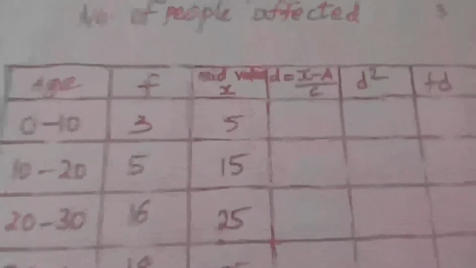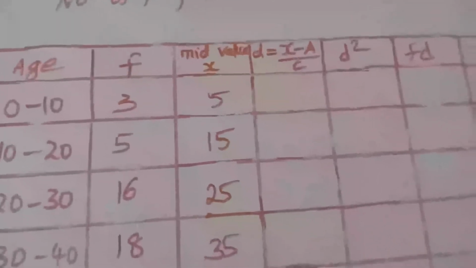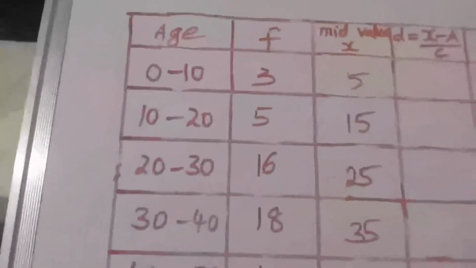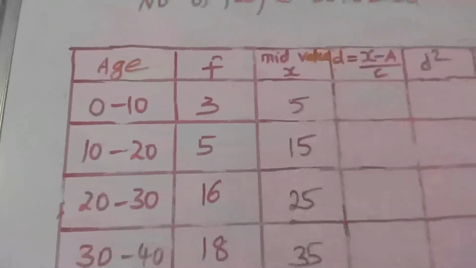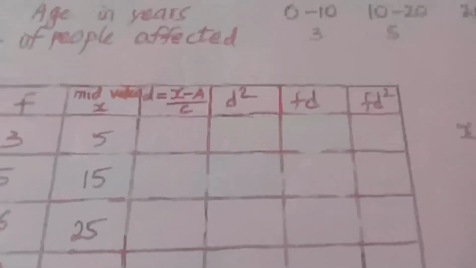Okay, now the next column is t equal to x minus a by c. So here the x value is 5. Next is the a value.